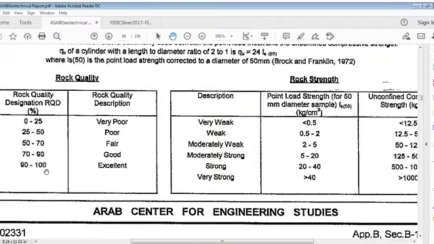We got many in fair, good, and excellent. Excellent were very few, good were also very few, fair were many.